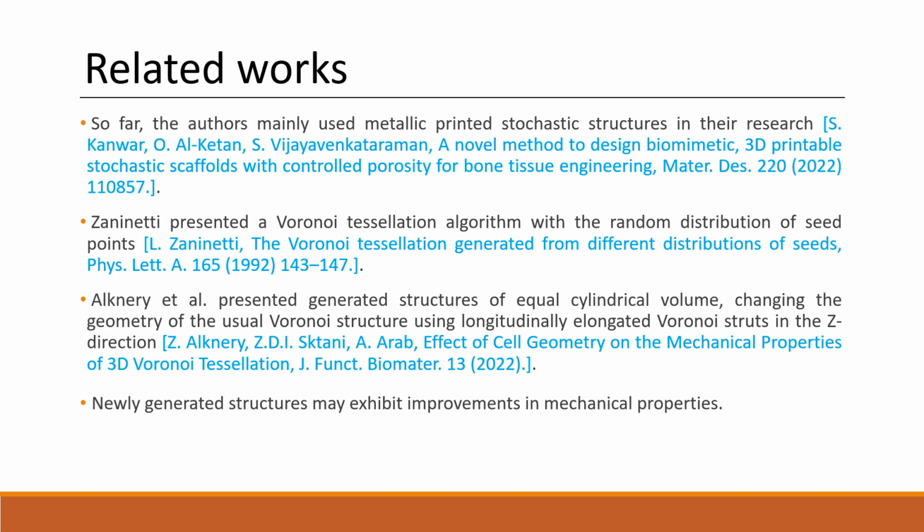Zaninetti presented a Voronoi tessellation algorithm with a random distribution of seed points. Alkner et al. presented generated structures of equal cylindrical volume, changing the geometry of the usual Voronoi structure using longitudinally elongated Voronoi struts in the z direction. Newly generated structures may exhibit improvements in mechanical properties.